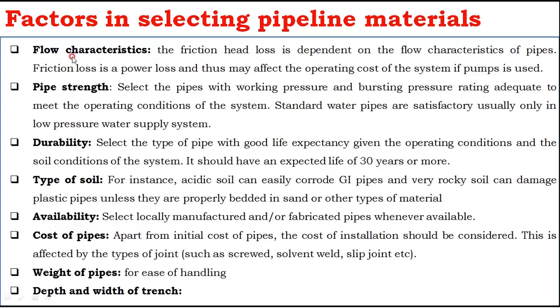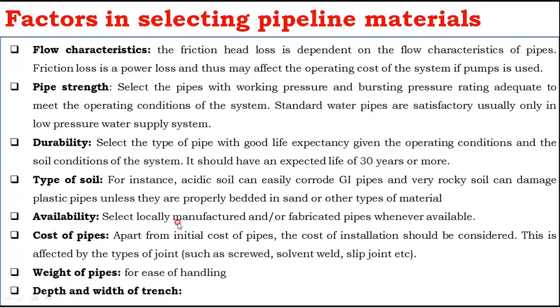Availability, these are all very important. These four properties are very important, and you need to control them in manufacturing, and you need to technically decide. Technical decision is required, but these are overall general common sense you can apply to select the pipe.